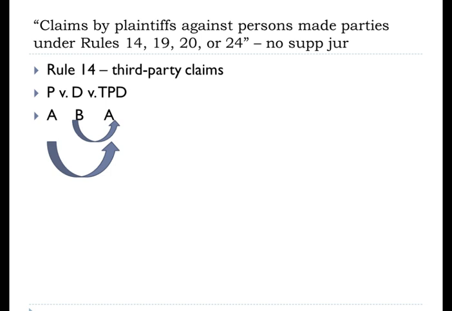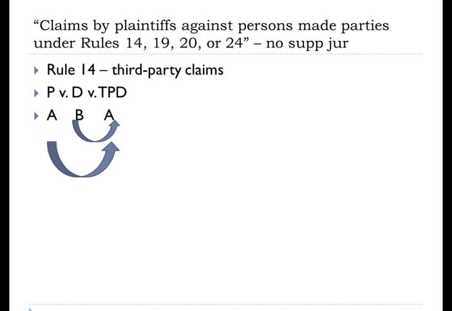Okay, so how would we in fact analyze this under the current supplemental jurisdiction statute? We start out with a plaintiff versus a defendant. We're going to assume that this is based on diversity and that the amount in controversy is met.